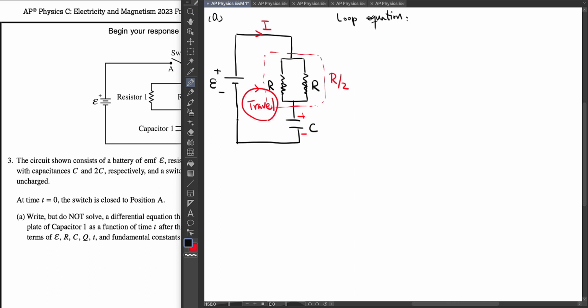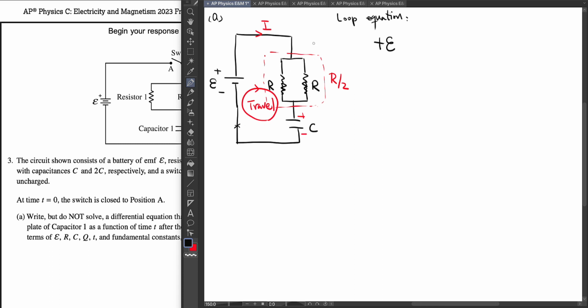If I start from here, the first element I move across is the battery. In this direction, the potential increases, so I'm going to write down a positive EMF. Now the current direction is the same as the travel direction.